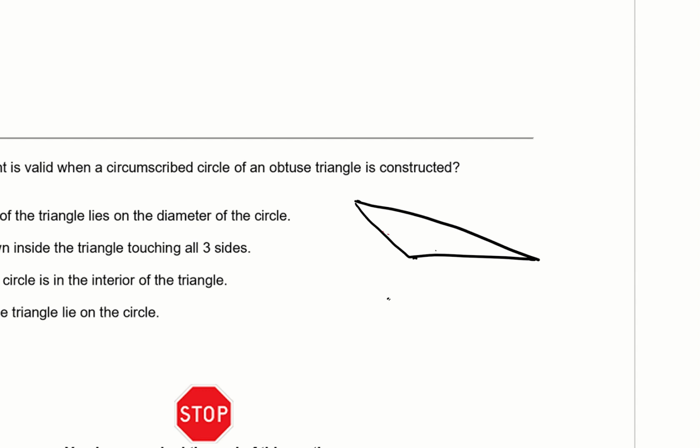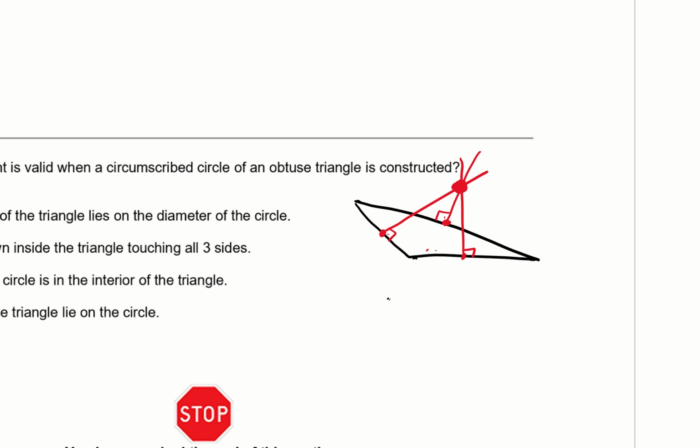So we're going to do the perpendicular bisector, so halfway here, and then we'll cut that at a 90-degree angle. Halfway here, cut that at a 90-degree angle. Halfway here, cut that at a 90-degree angle. Here, here, and there. And notice that the circumcenter lies on the outside of the triangle.